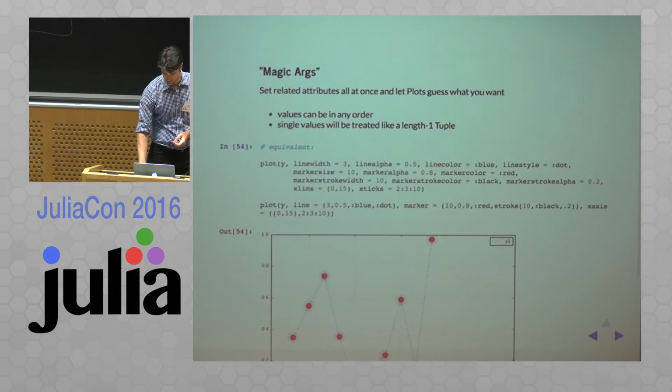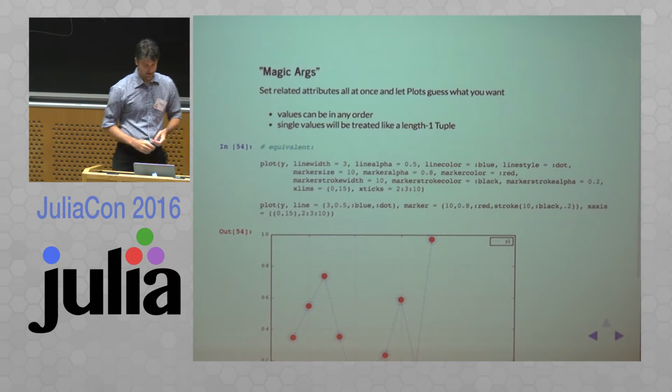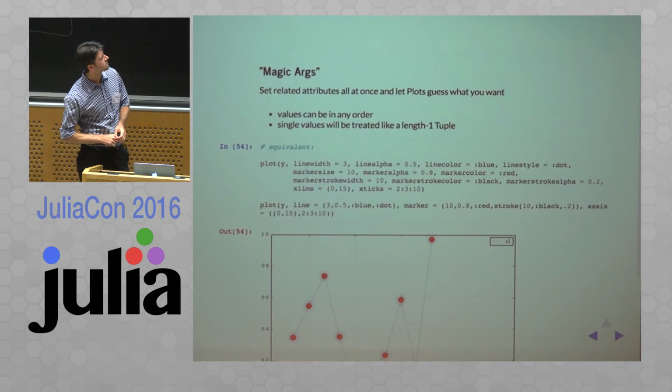So in the case of comparing, these are equivalent commands. The plot with everything spelled out explicitly, and the bottom one uses these magic args.